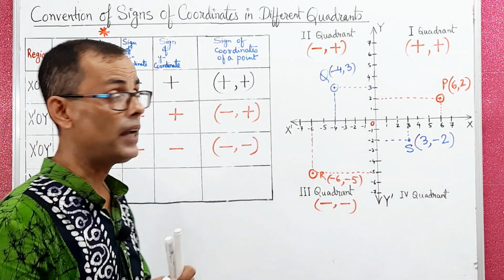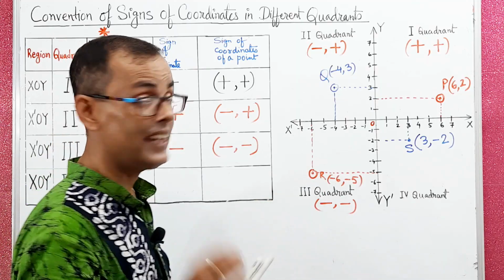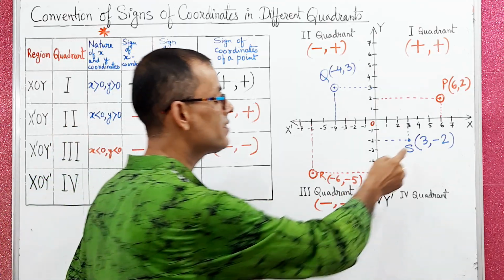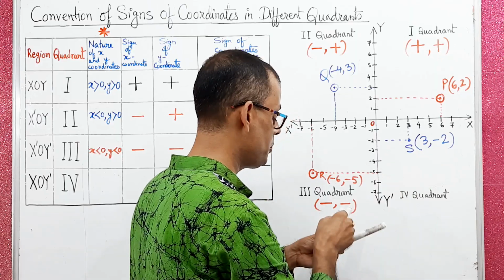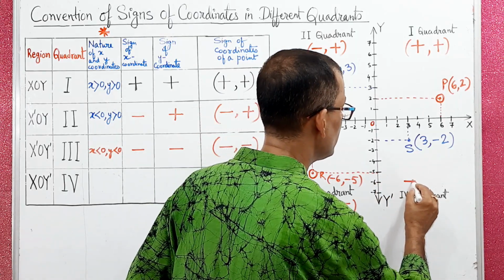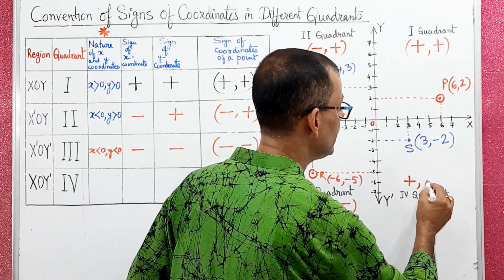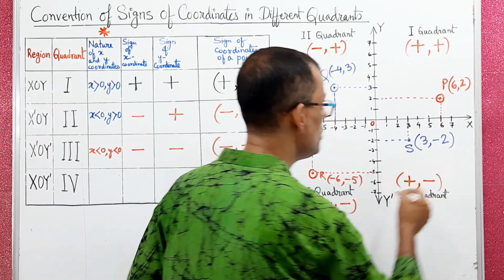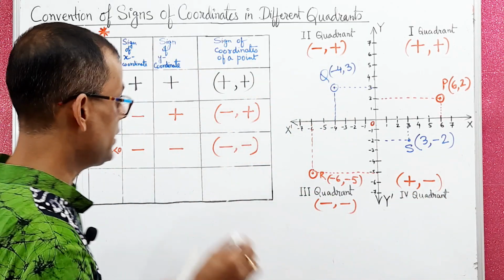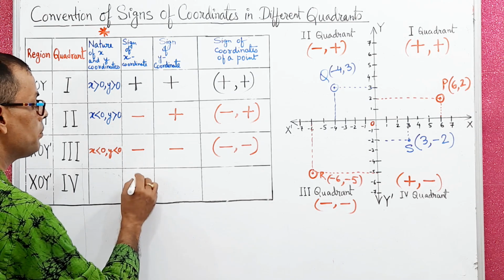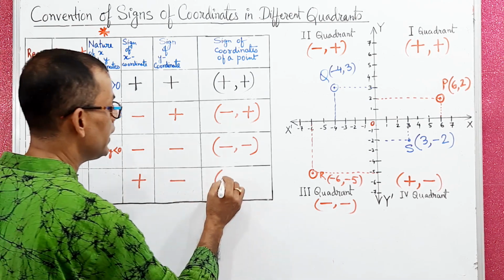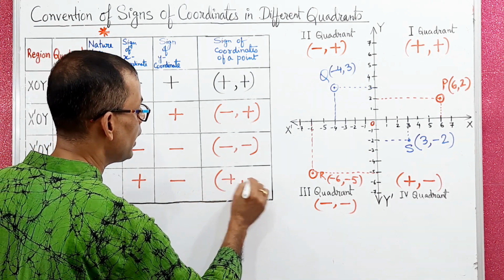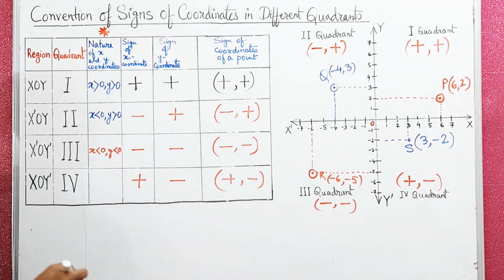So if you see nicely, the x coordinate sign is positive, and the y coordinate sign is negative. So positive, negative. So here what can we write? Plus, minus. And together plus, minus.